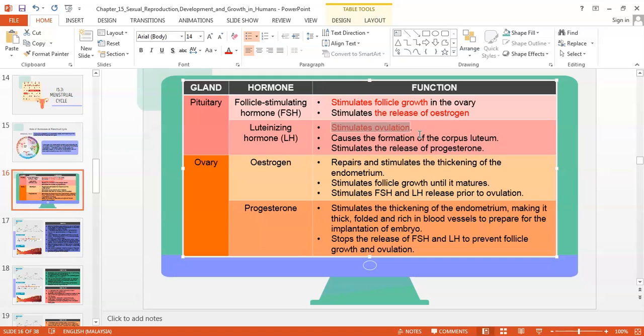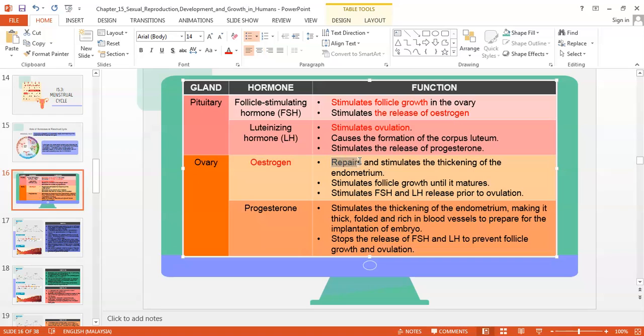Okay, kan bila berlakunya secondary oocyte is released, follicle yang melindungi secondary oocyte tersebut akan transform into corpus luteum. And then estrogen repairs and stimulate the thickening of endometrium.